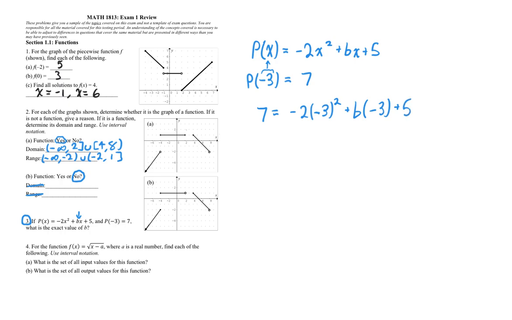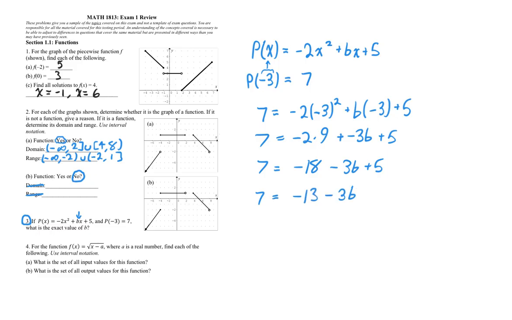Okay, so that's going to be minus 2 times 9 plus negative 3b plus 5 equals 7. Okay, that's minus 18 minus 3b plus 5. That's going to be 7 is minus 13 minus 3b.